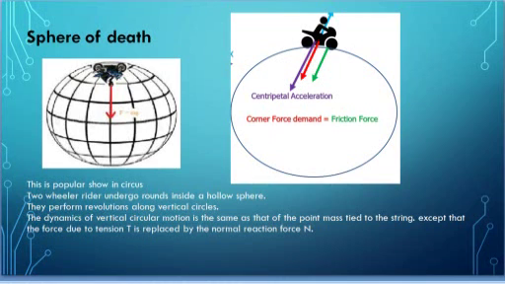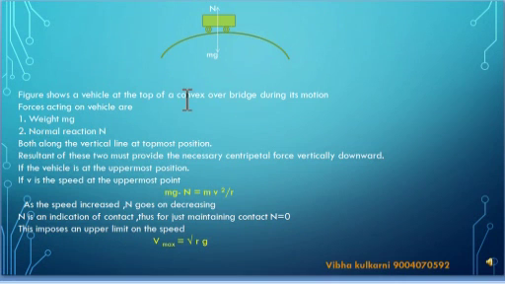Okay. Now let us see this example of a convex over bridge. Convex over is nothing but this curved surface. We will call it a convex over bridge. Now this vehicle is arriving on this bridge. So what happens to this vehicle at the topmost position? Which forces act on this vehicle at this point? See, weight mg acts vertically downward, normal reaction is vertically upward.